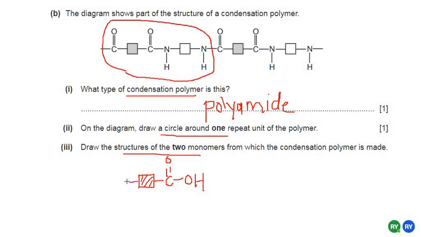Here also the same group will come, C double bond O, OH, and the other one is diamine. So for the diamine I will take one box in this way, and then NH2. Amine is NH, and you can see here, NH and 2.